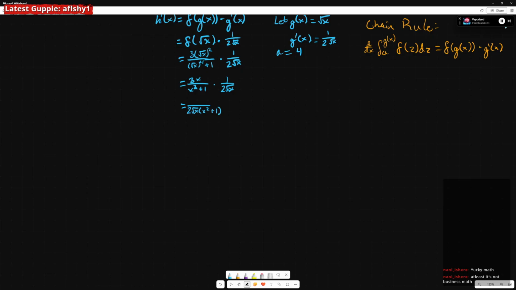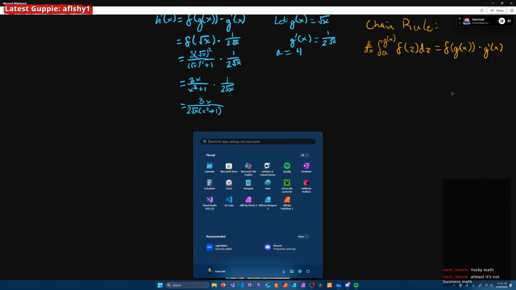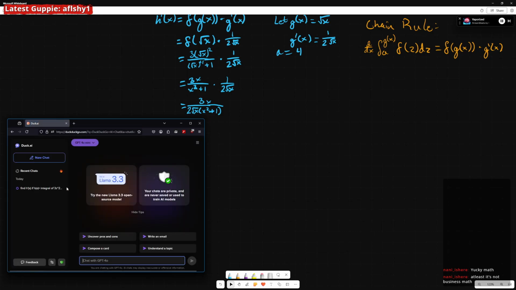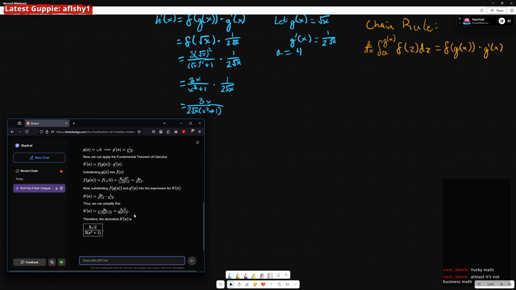Plus 1. Three x. I want to see what they tried. I want to see what it did. I didn't look at the last part. I don't know what it thought was the simplest form. Yeah, I don't think it works like that, but it got most of the way there.